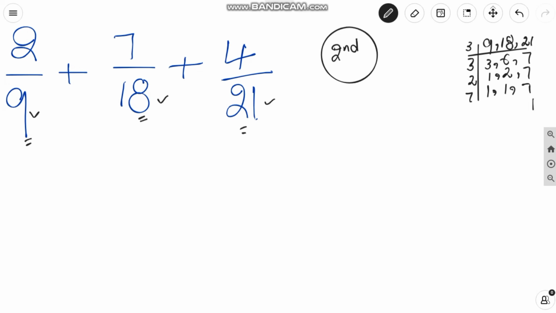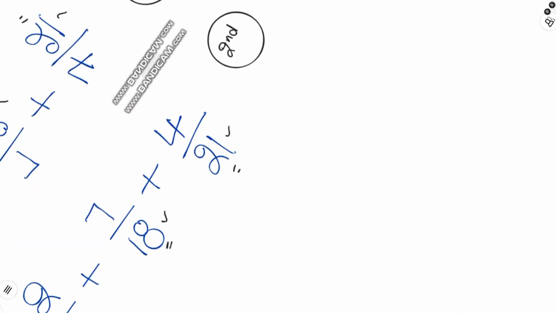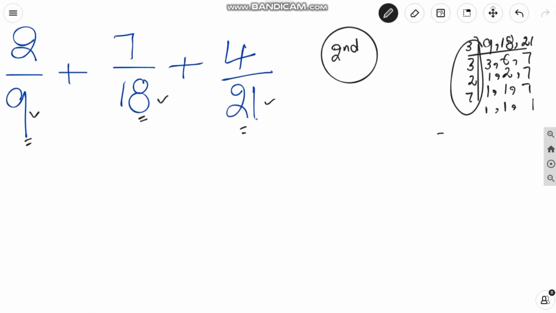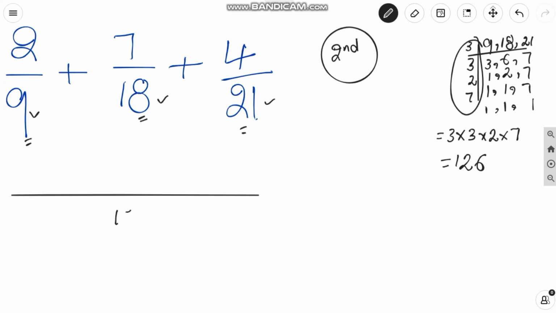Now 7 1s the 7. Now multiply all these numbers. So 3 multiplied by 3 multiplied by 2 multiplied by 7. Then you will get the answer 126.